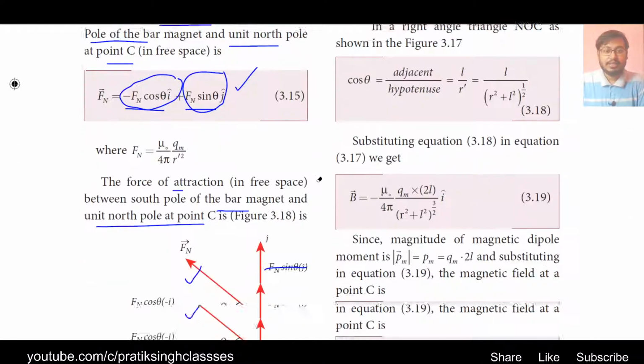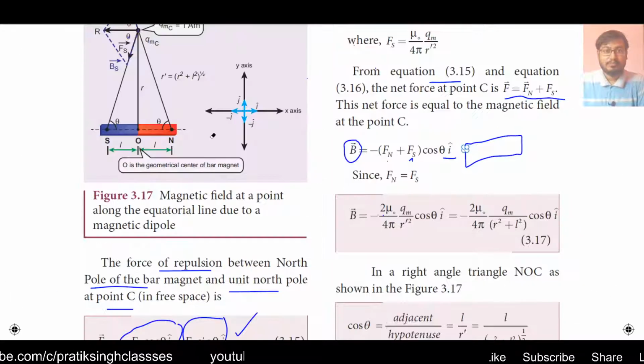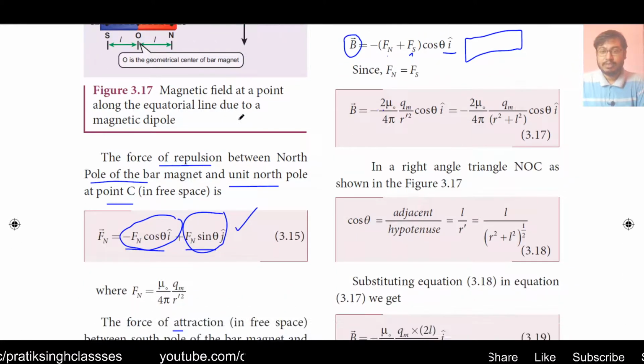We get the value of r dash square from this diagram. If you square here, the root will cancel out and you will get r square plus l square. So in place of r dash square we can substitute r square plus l square.